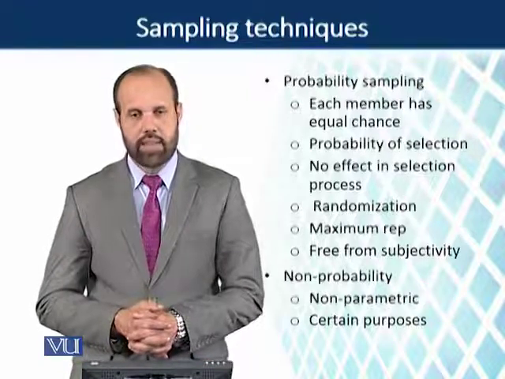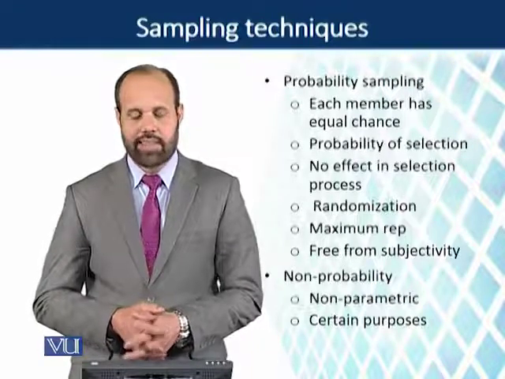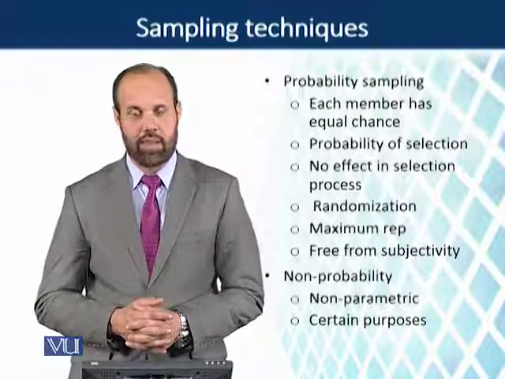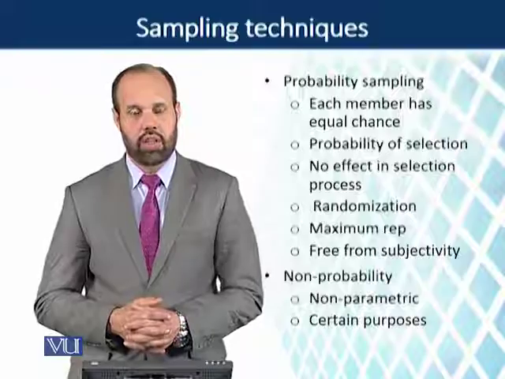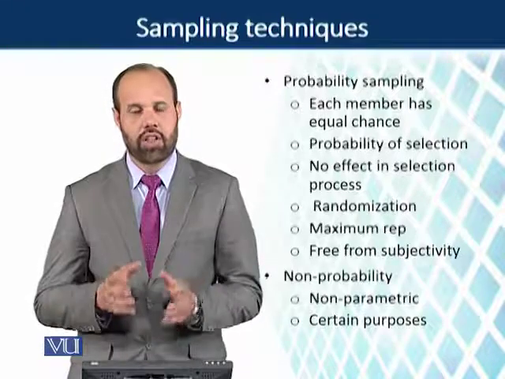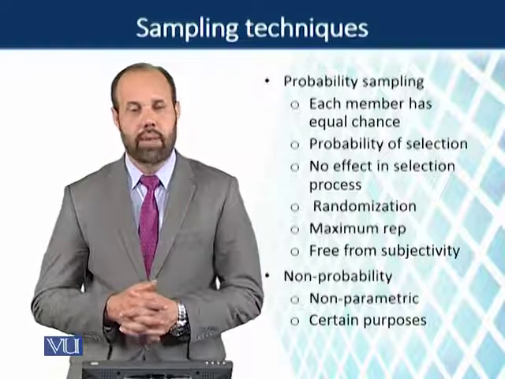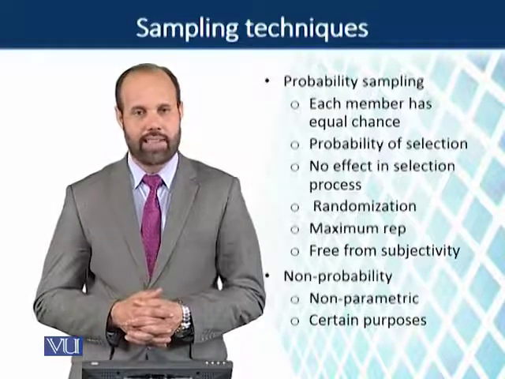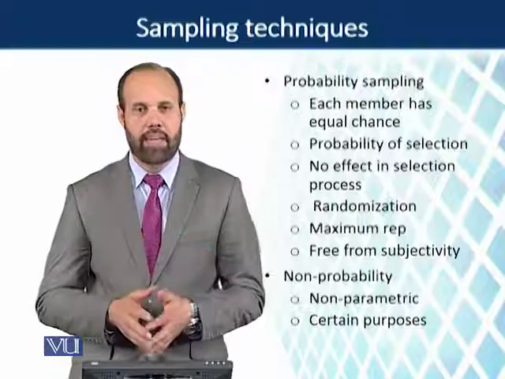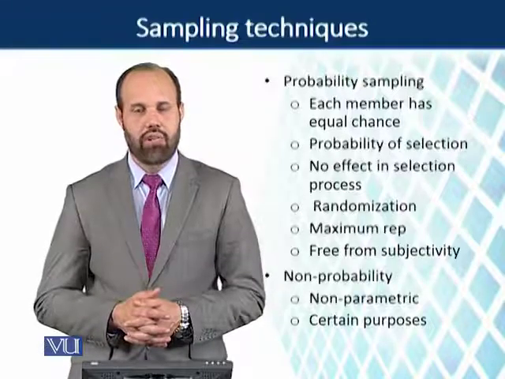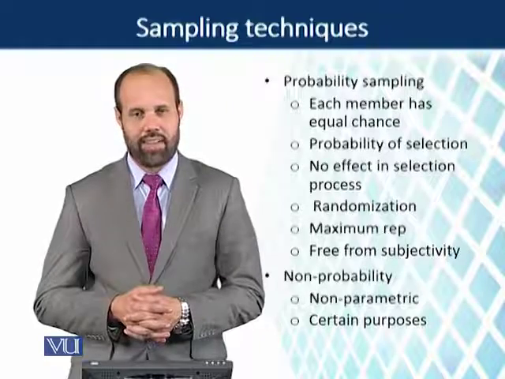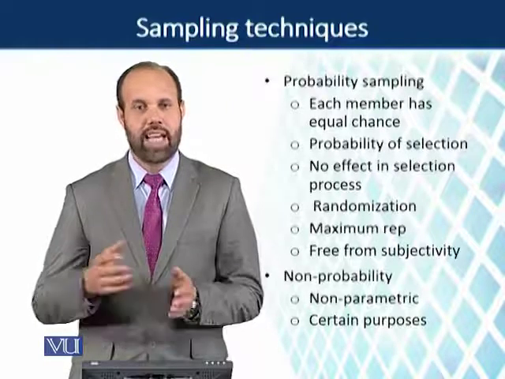And the point is that in certain cases, for certain purposes, we need to have a particular sort of sample, and they do not have an equal chance, because in non-probability cases we need to go at times for some unique cases, for example, extreme deviant cases.